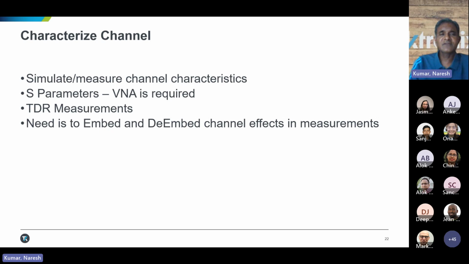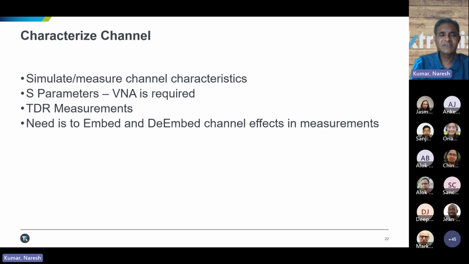One of the things required from a test and measurement standpoint is to be able to characterize the channel well. S parameters are a very standard method to capture and characterize a channel. A vector network analyzer is something which we require for that. The other option is in the time domain; people are also familiar with time domain reflectometry measurements.